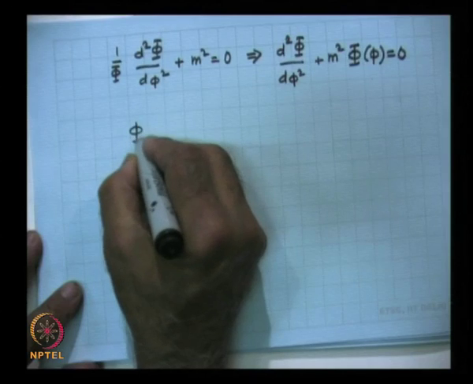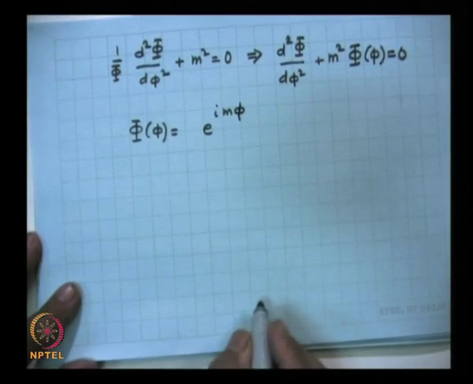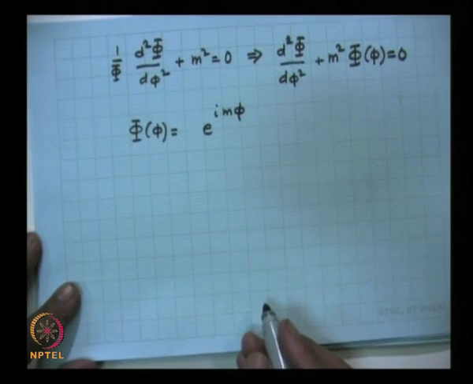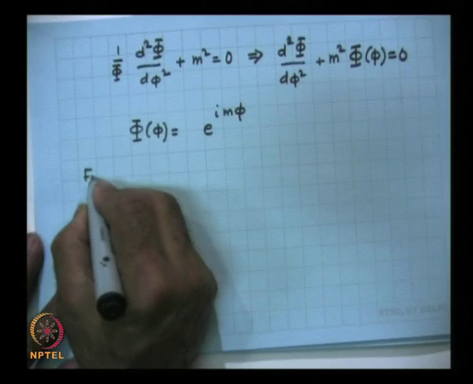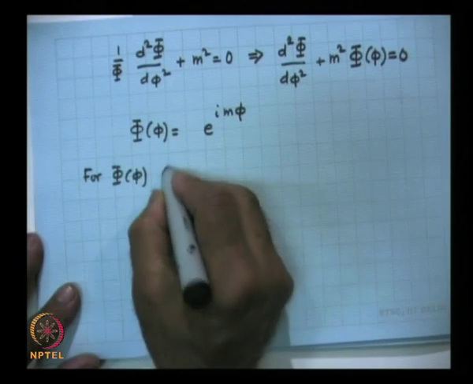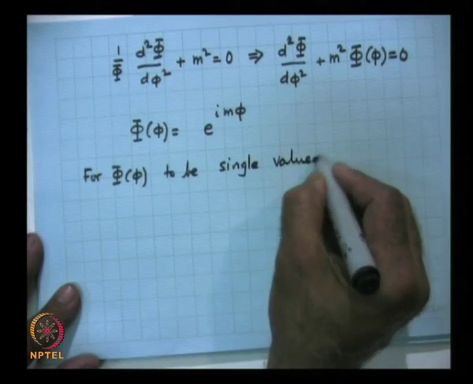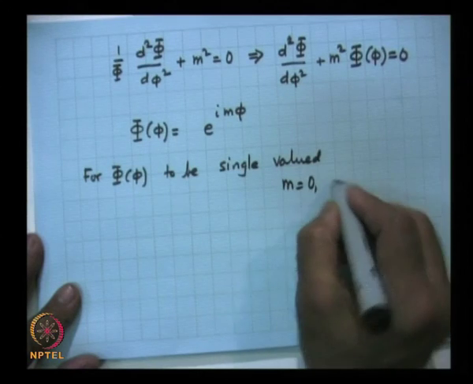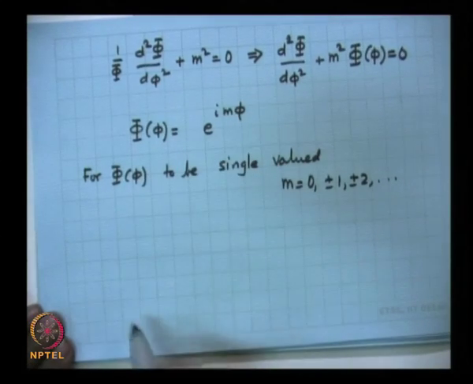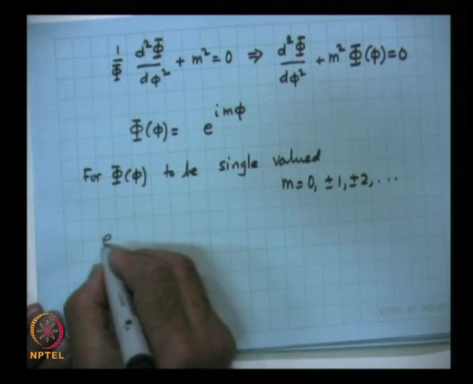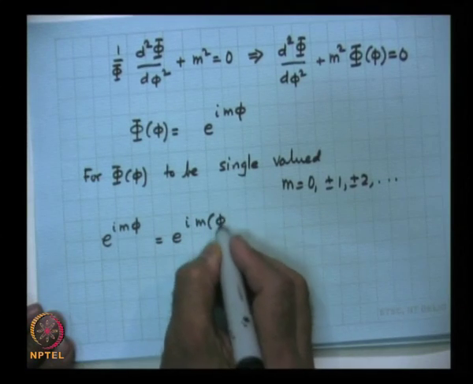We have phi of phi is equal to again e to the power of i m phi, and as we had just discussed a few minutes back, for the wave function phi of phi to be single valued, m must be equal to 0 plus minus 1 plus minus 2 etc. That is, if you increase phi to phi plus 2 pi, it must give me the same wave function, that is e to the power of i m phi must be equal to e to the power of i m phi plus 2 pi.